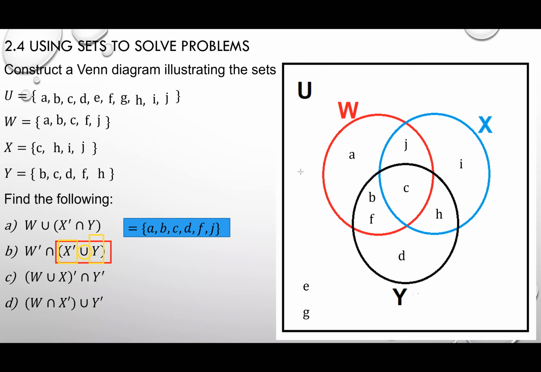Before I shade it, do you agree that this is outside my X circle, this is outside my X circle, and this is outside my X circle? First of all, X prime. Do you see X prime right here? X prime gives me the items outside of my X circle. My X circle is the blue, so anything outside of the blue is outside my X circle. Agree?